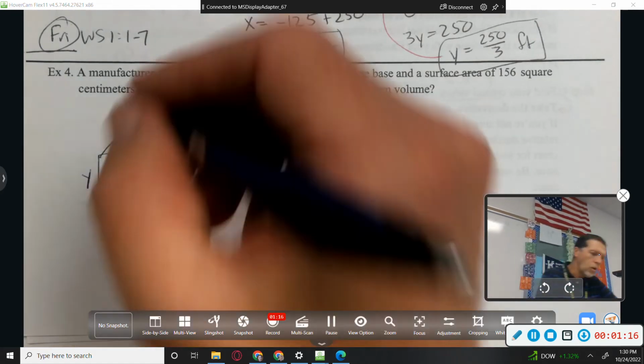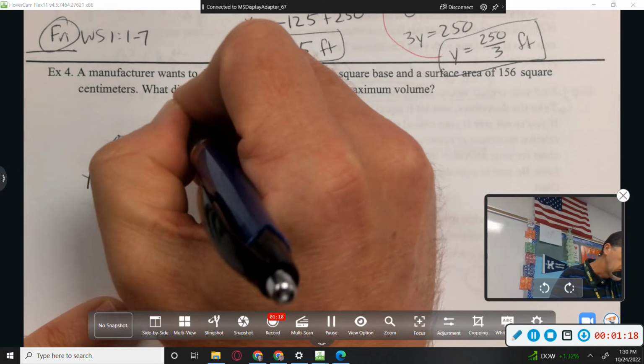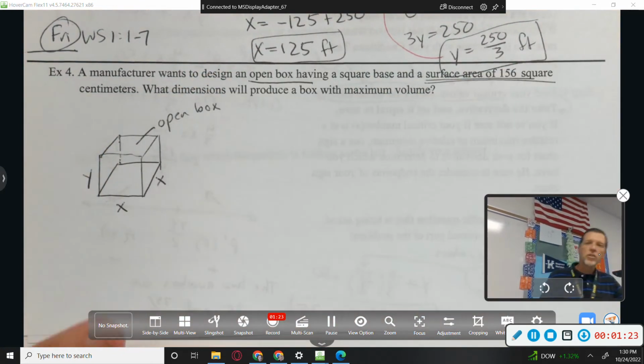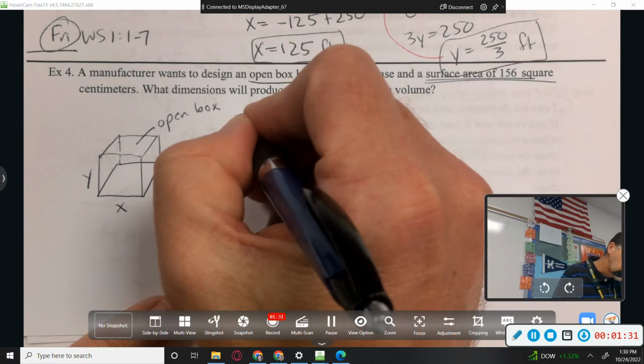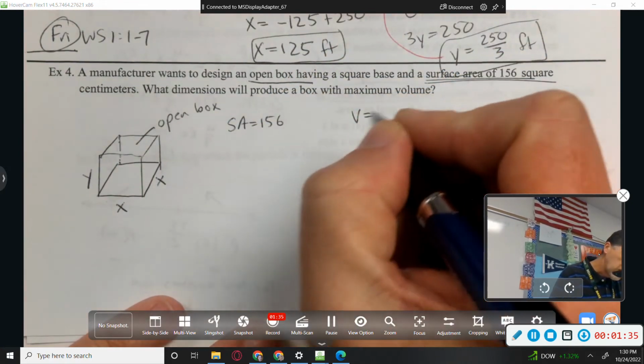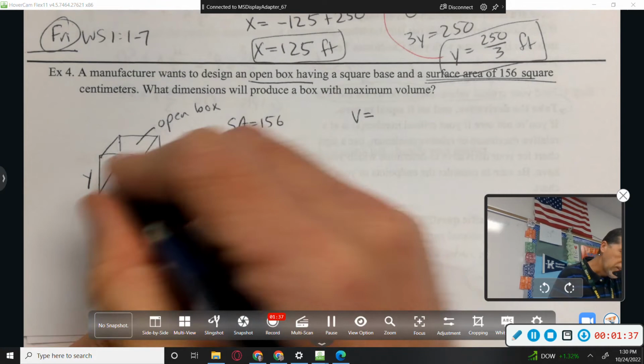And it's an open box, so no top. So that matters with the surface area. So the surface area is 156. The volume is length times width times height.